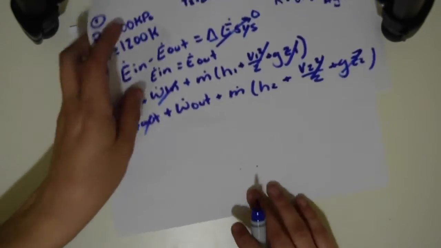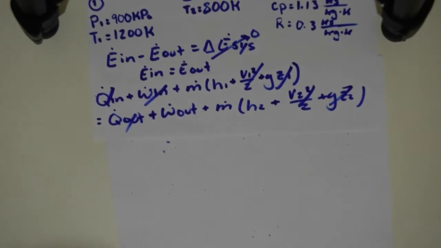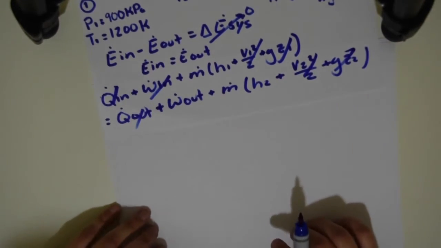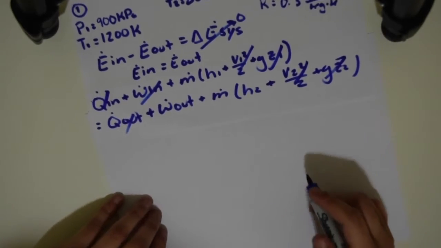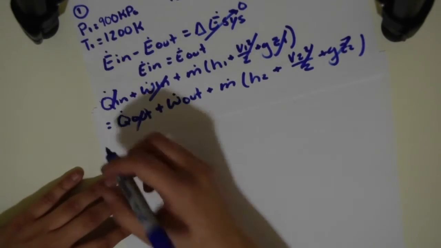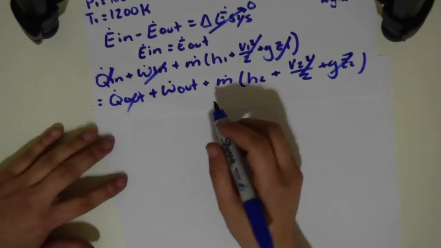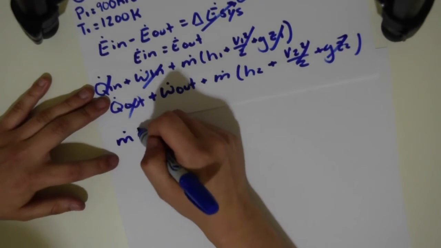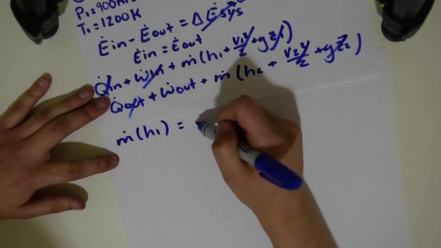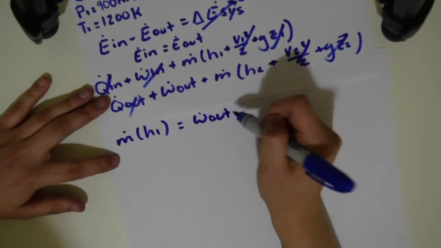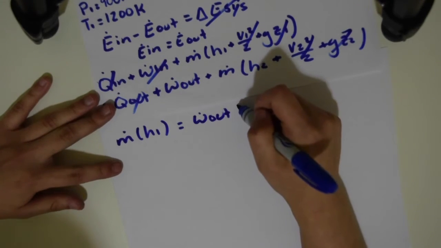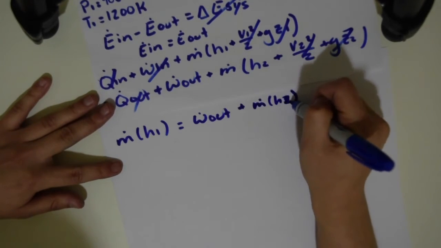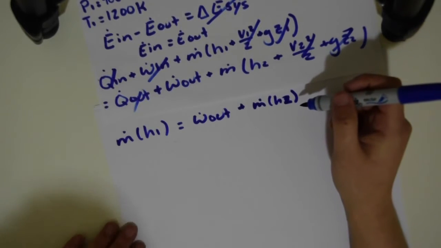After this, we can narrow down our energy equation, and it will look like this: m dot h1 is equal to work dot out plus m dot h2.